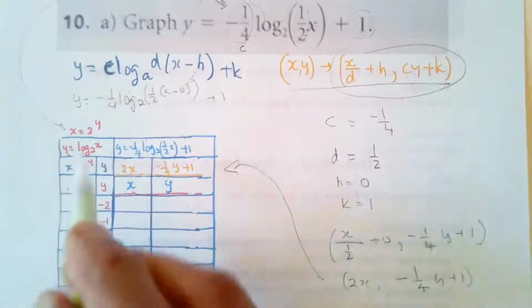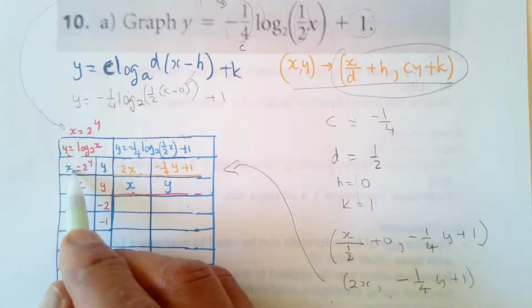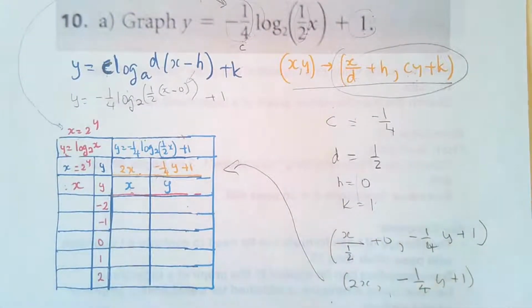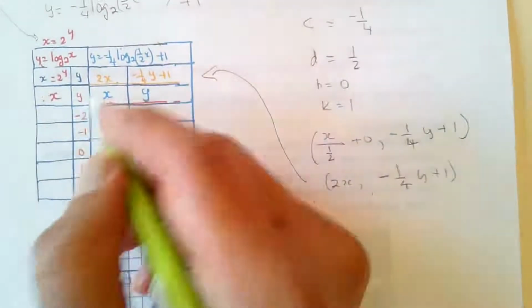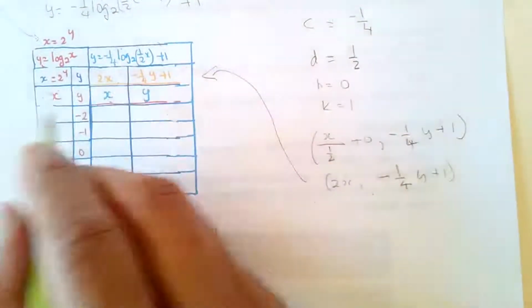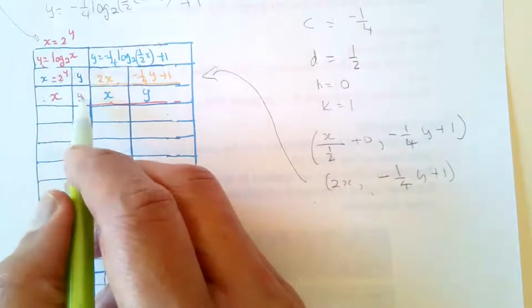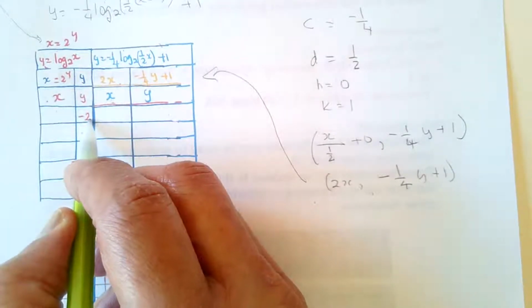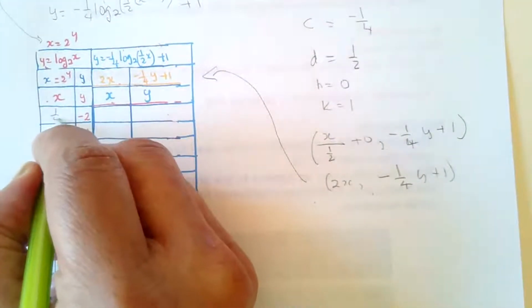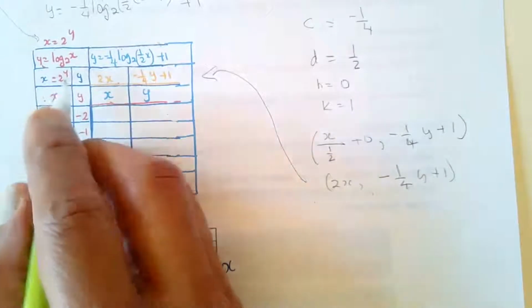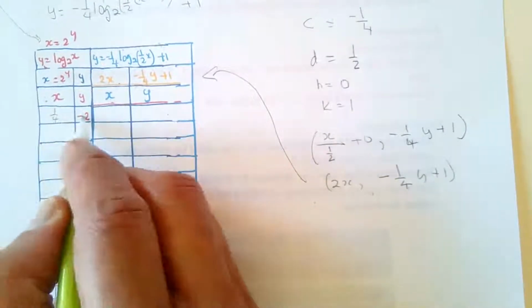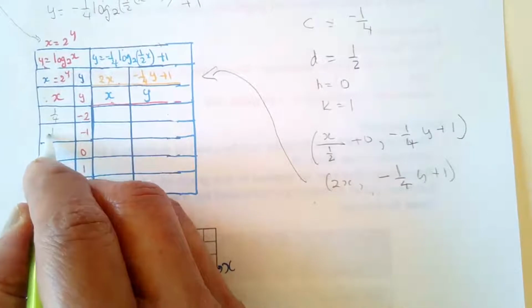Now we have selected y values, and I'm going to find my x values. 2 to the negative 2 will give me 1/4, and 2 to the negative 1 will give me 1/2.